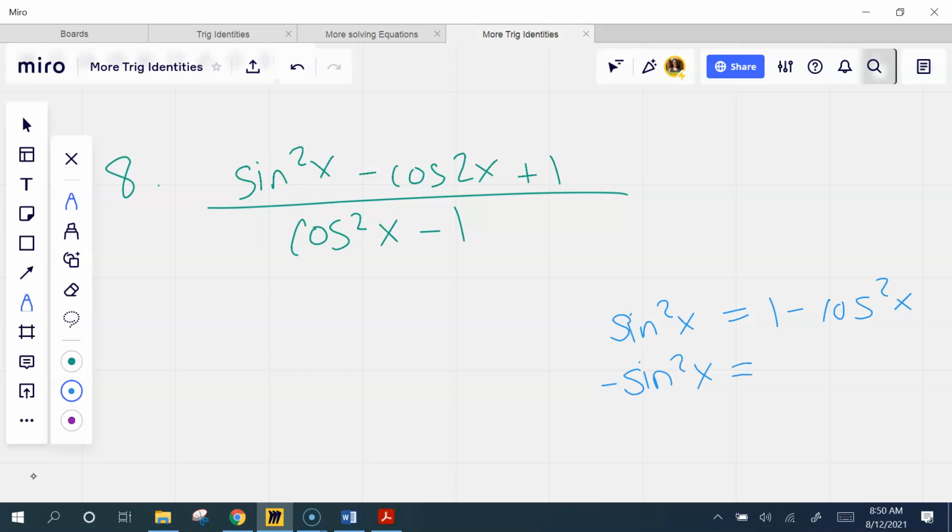If I change the sign on the left, I can change every sign on the right. I've just multiplied both sides by -1. It's the same identity. Do you see that? If I multiply this side by -1 and this side by -1, that's what I end up with. And that comes up a lot.